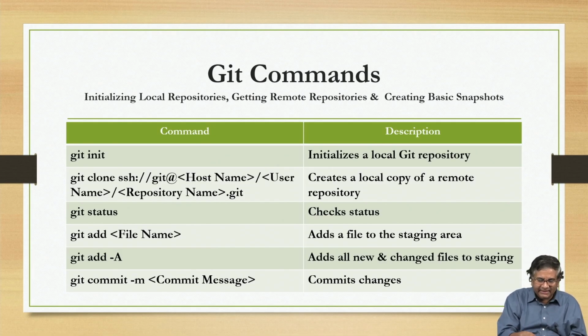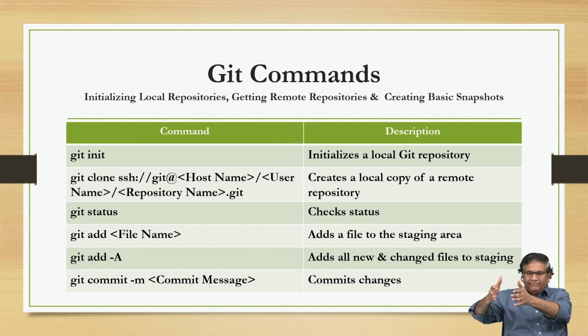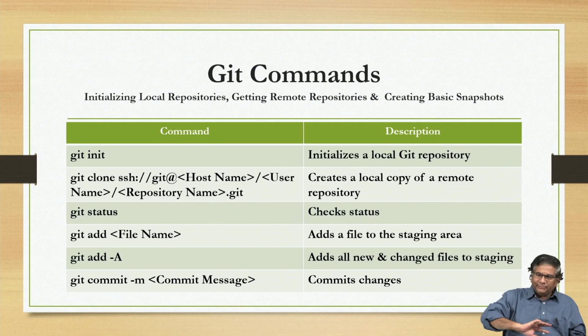Staging, when you run the git add command, the content will be stored in a special place called staging. In that staging area, all the things that you add, irrespective of the directory where they are in, of course they have to be in a Git repository, will be located.